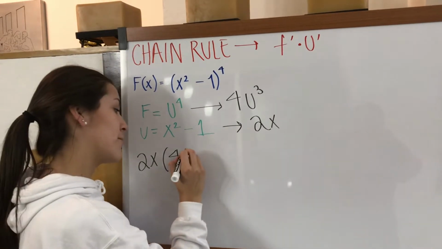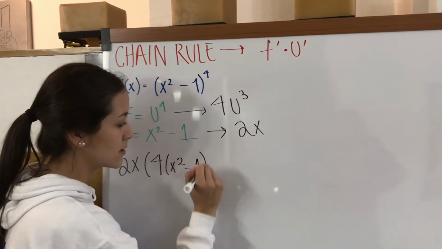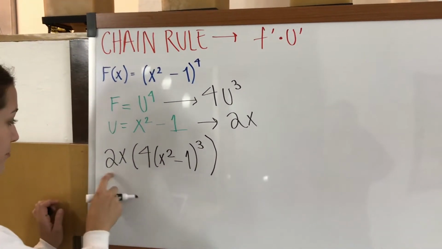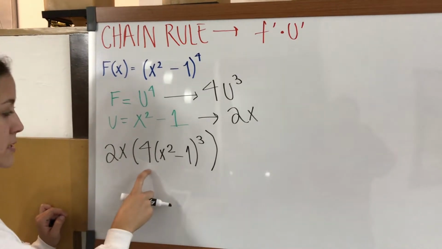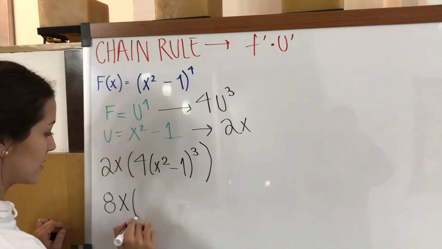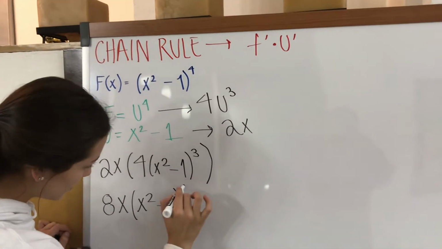So it is (x squared minus 1) cubed. So you have 2 times 4 is 8x times (x squared minus 1) cubed.